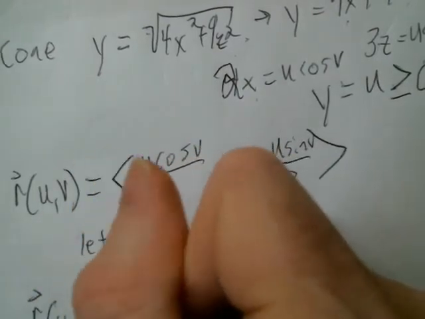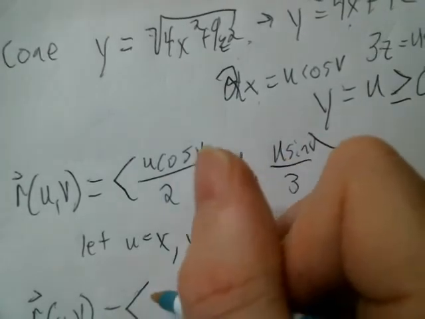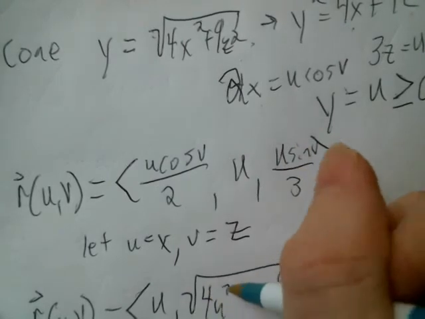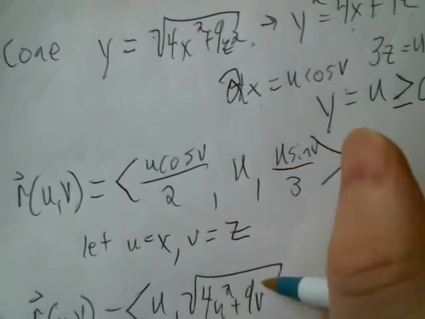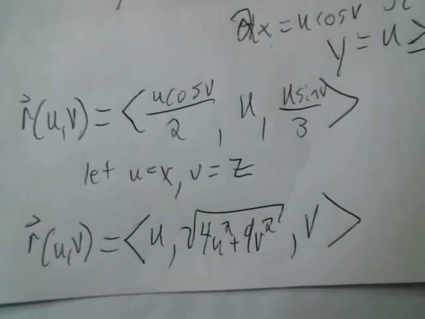So you could write u, then square root of 4u squared plus 9v squared, and then v. That's another option you have in your toolkit. All right, I think that's enough.